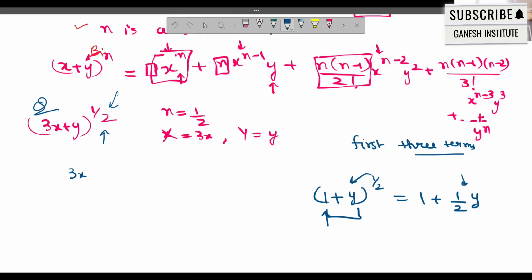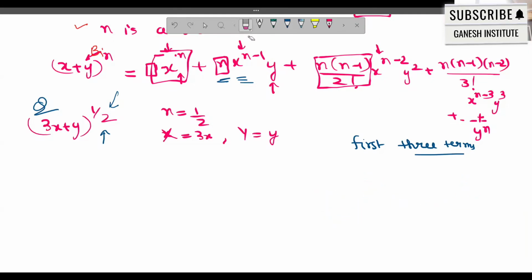And then you simply multiply this power with the value, correct? You apply the formula and you can expand it. Just jot this down so that you can try it. How much should I expand this, ma'am? Three terms. Got it.